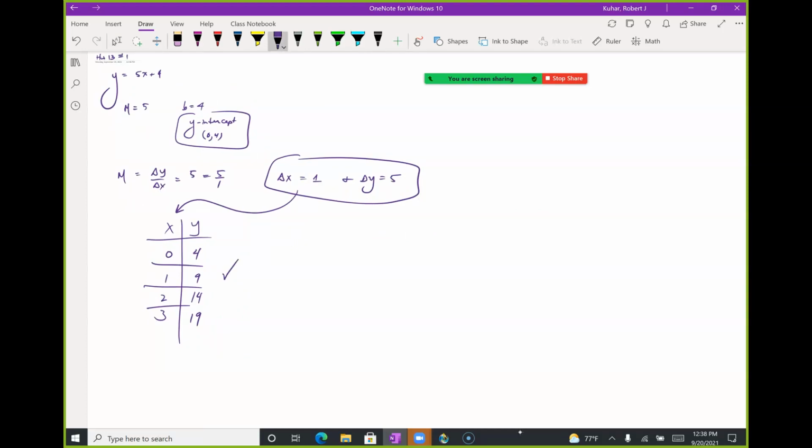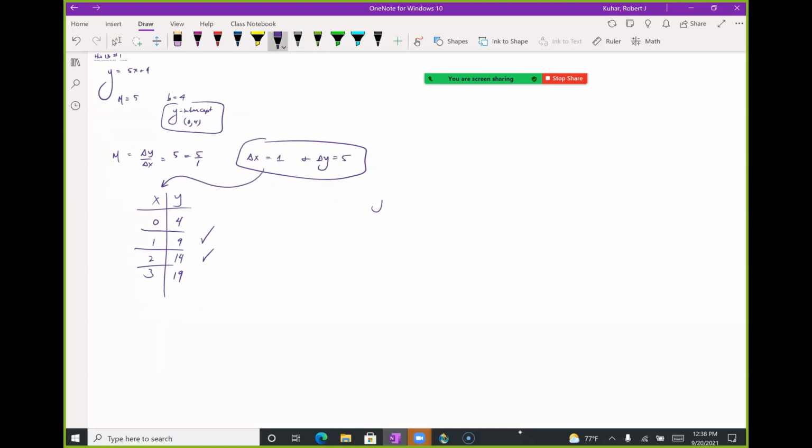Okay, got it. 5 times 2 is 10 plus 4 is 14. Got it. But the more you can think about that table and how it's generated like an arithmetic sequence, right? That's having that more sophisticated thought, which is what we want you to do.